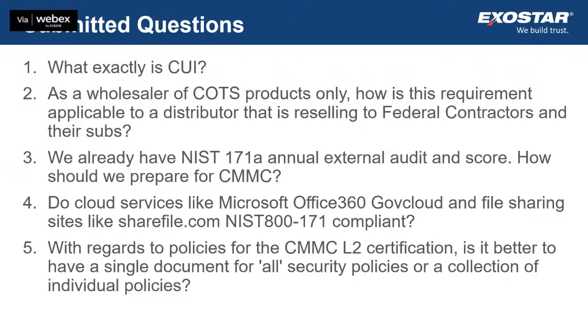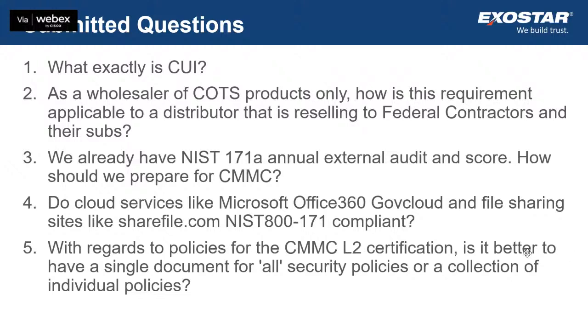So take into consideration the flow of controlled unclassified information, how it goes through your system, how you receive it, how you get it into these external applications or sharing platforms, who touches it, who you give access to those environments. All of those come into that NIST 800-171 compliance.